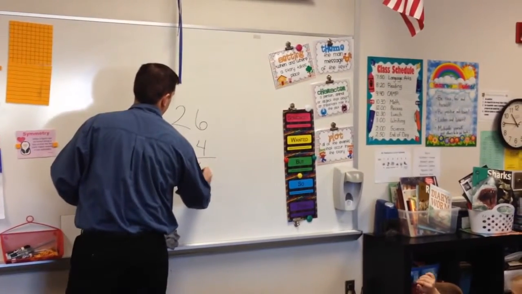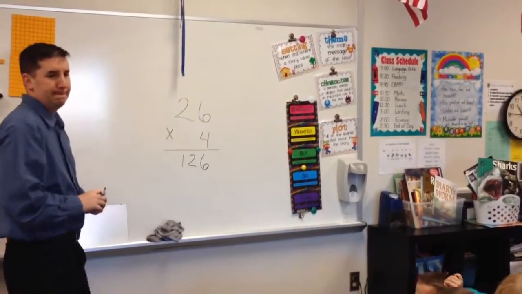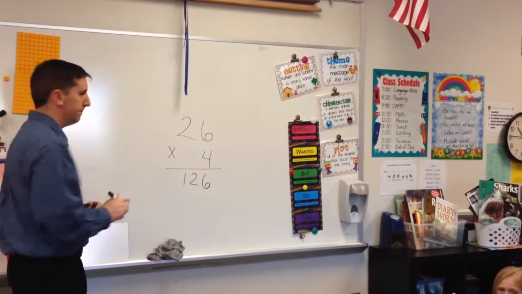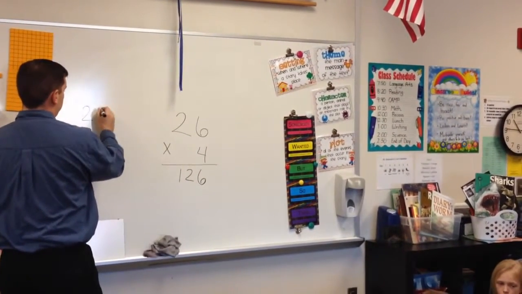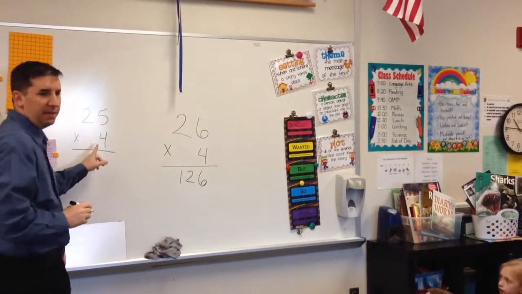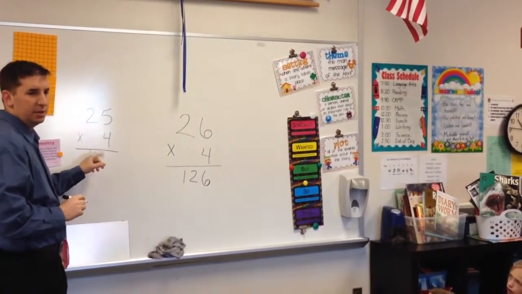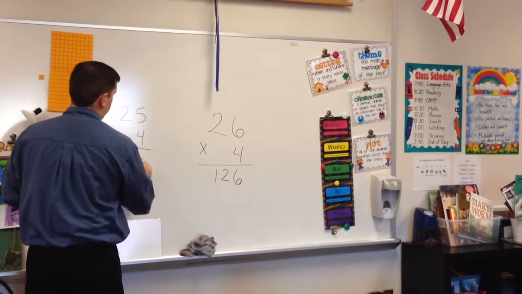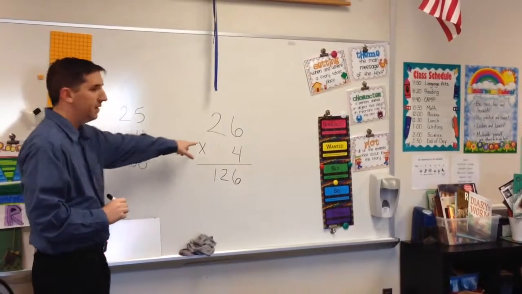Well, I knew that our last problem was 25 times 4, so I just added. 4 groups of 25 gave us how much? 100. Okay. So you used the previous problem to solve this one? Yes.